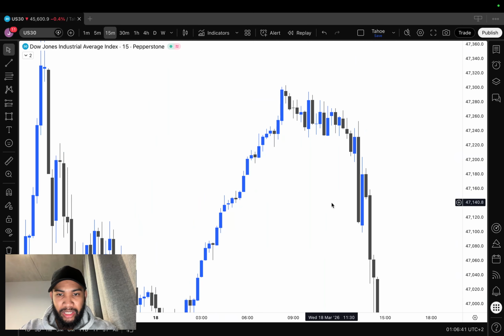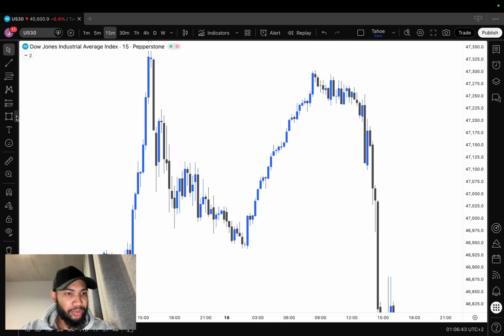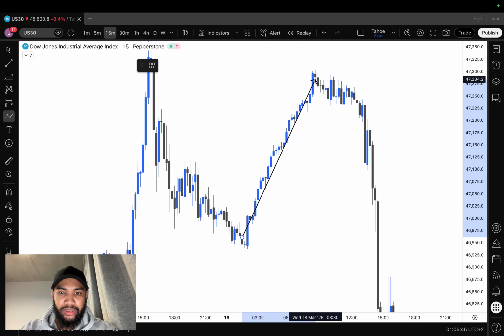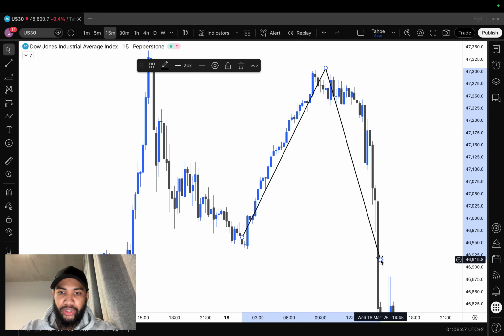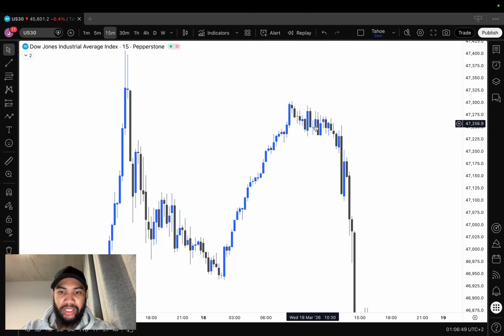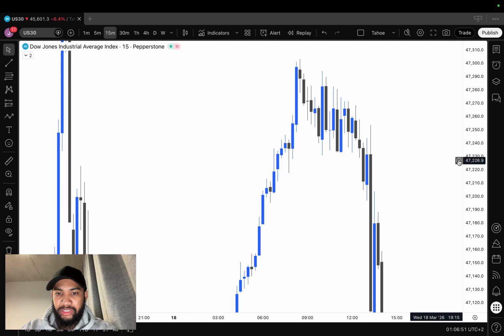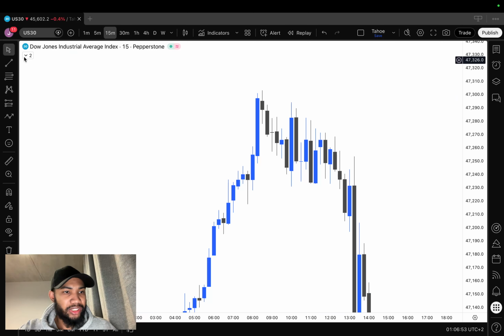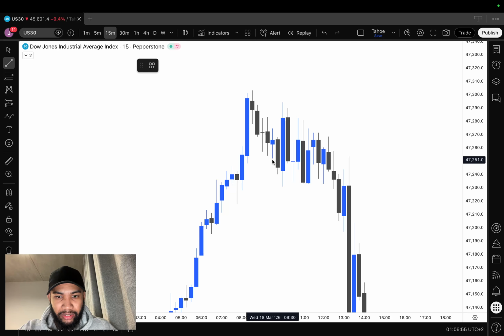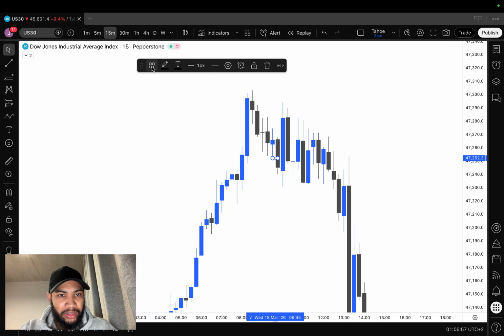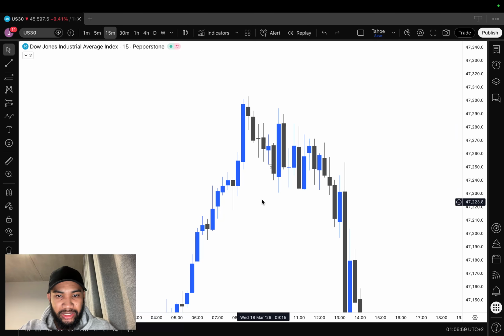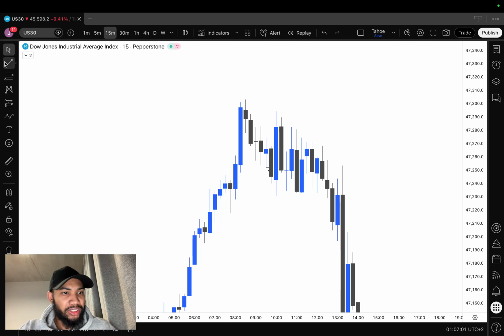Then again, another example right here. Market pushed and then retraced from this point, so we'll analyze the candles within this area. What we're looking for is a breaker structure, and I can already see it with this candle right here. Where's the liquidity?